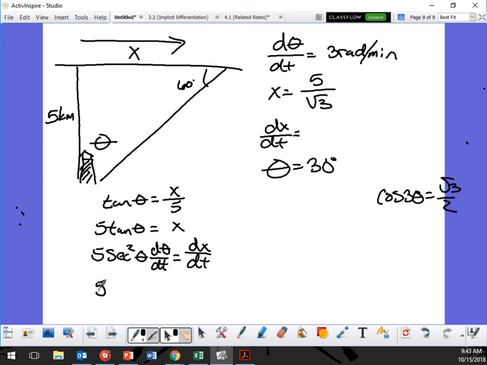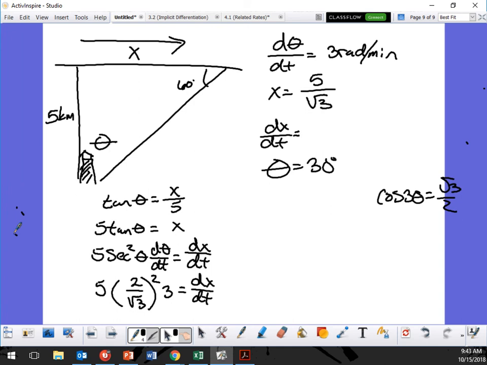It's going to be 5 times the reciprocal, which is 2 over rad 3, squared. That's my secant squared theta, times d theta dt, which is 3. And that's going to be my dx dt.